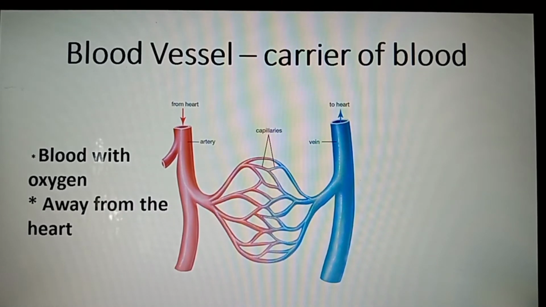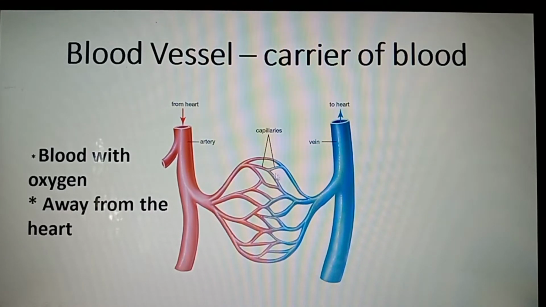Ang direksyon ng dugong dala-dala niya ay paalis ng puso, palayo ng puso, away from the heart, palabas ng puso or your heart. Tandaan yan ha, artery carries blood with oxygen and the direction is always away from the heart.